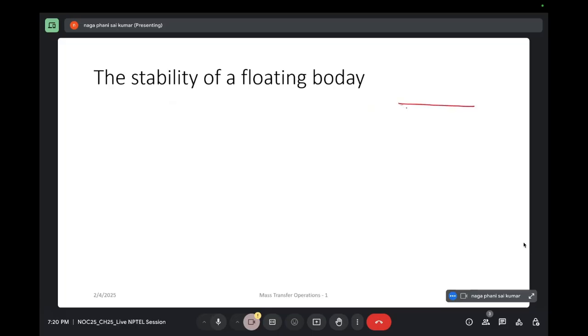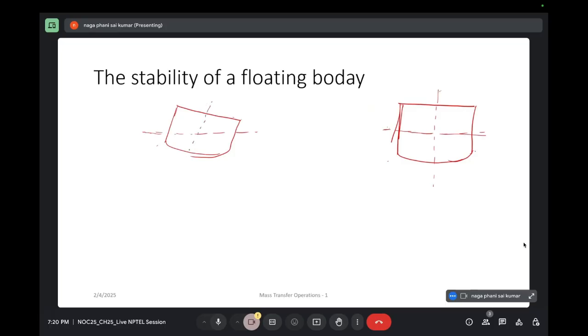Okay, let's say this is the body of the ship which is floating. So this is at an inclination. I think it's not clear, so let me write. So let's say this is the inclination. Because of some tide, the boat was moving from one side to the other side.